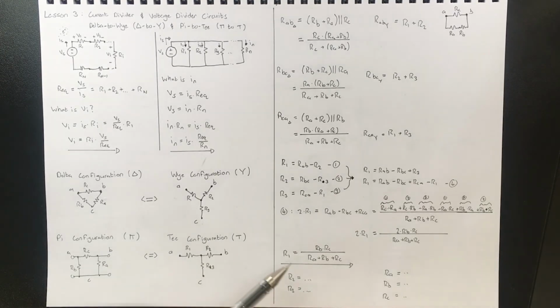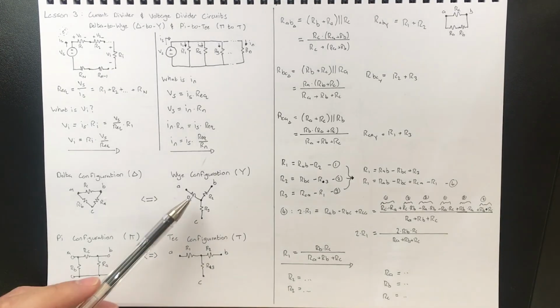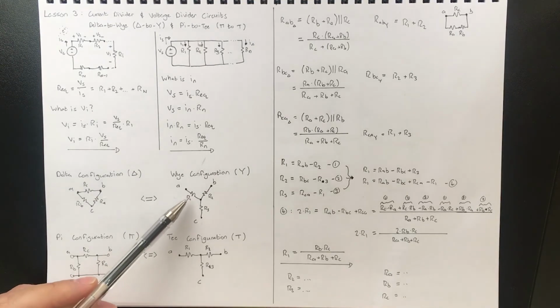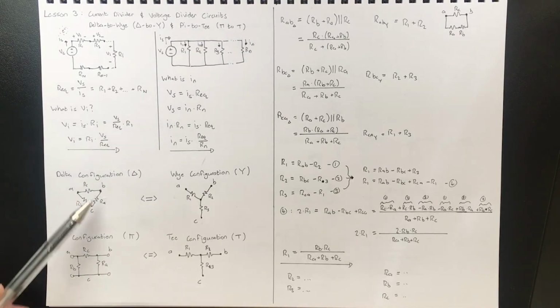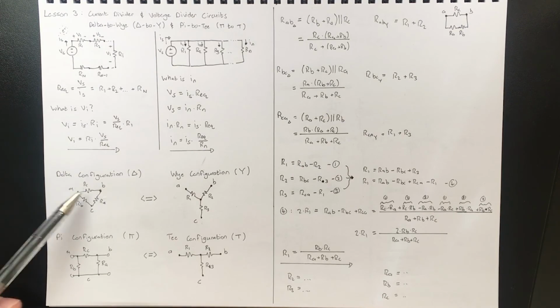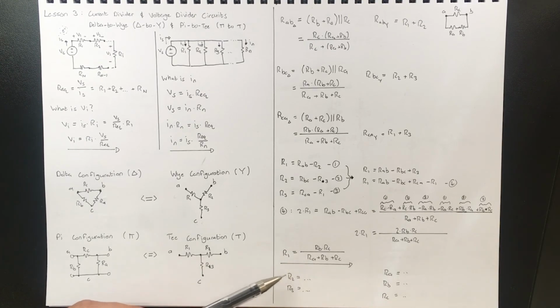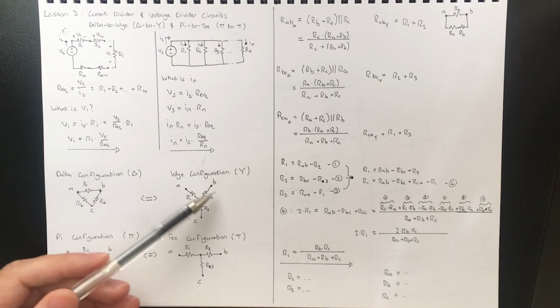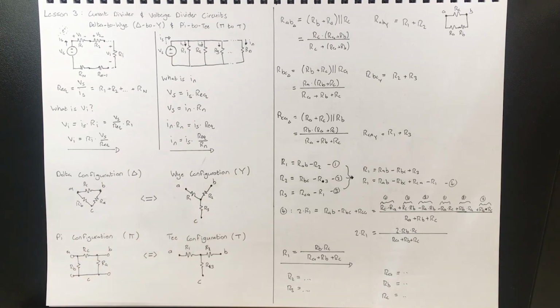So let's see what we've done here. We have R1, which is this resistor, in terms of the three resistors in the delta configuration. So what we've created here is essentially a transformation. Given that you have this delta configuration, and you have RA, RB, and RC, we can utilize these equations to transform these resistors into the same Y configuration.